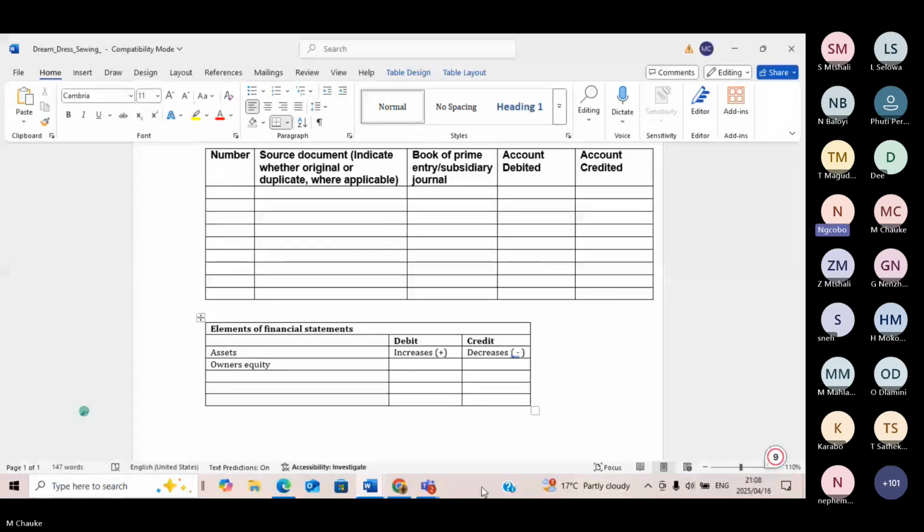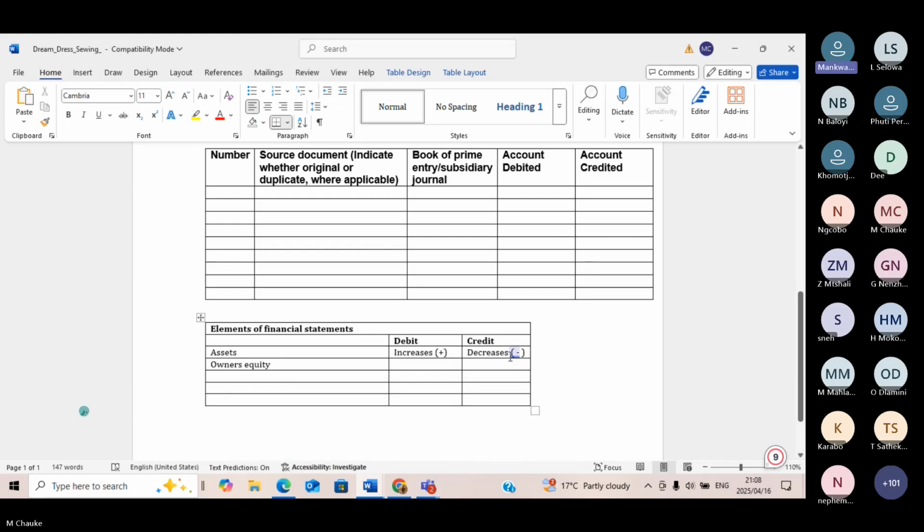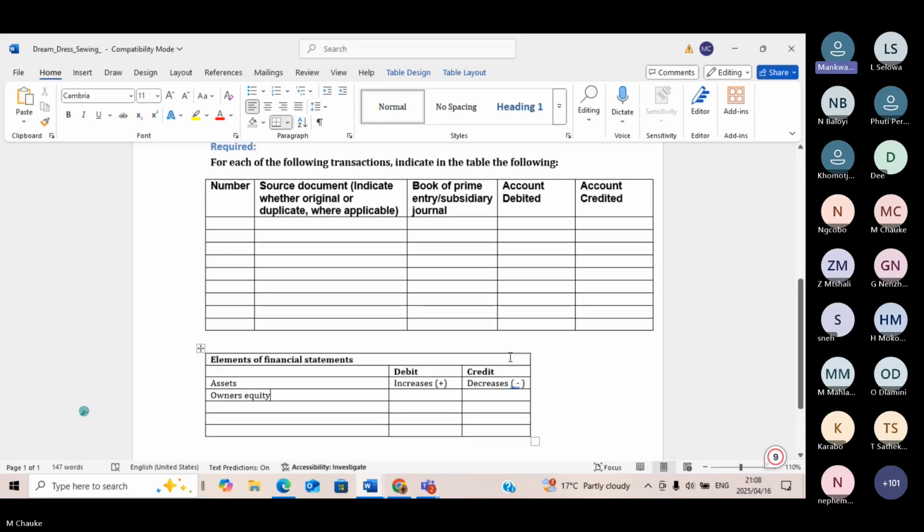Owner's equity increases on the credit side.